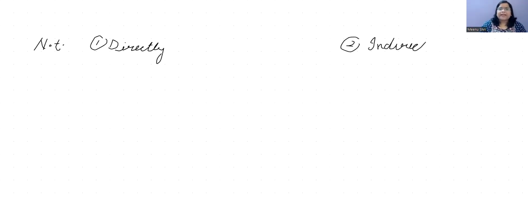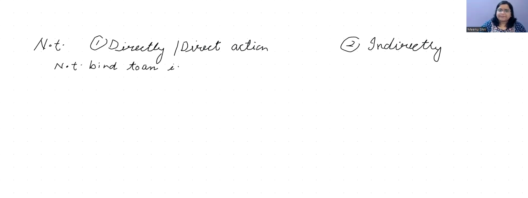In the direct mechanism of action, also termed direct action, how do they act? The neurotransmitters bind to ionotropic receptors.